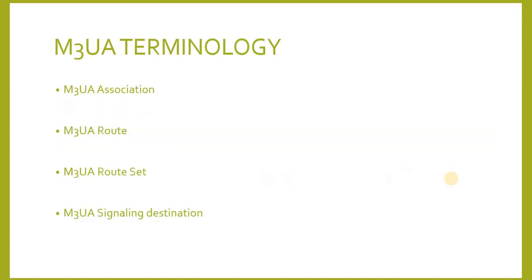M3UA terminology. M3UA association. The M3UA association is the representation of the SCTP association in M3UA layer. M3UA maintains variables relating to established associations. For flow and congestion control, M3UA assigns states to each of the established associations.